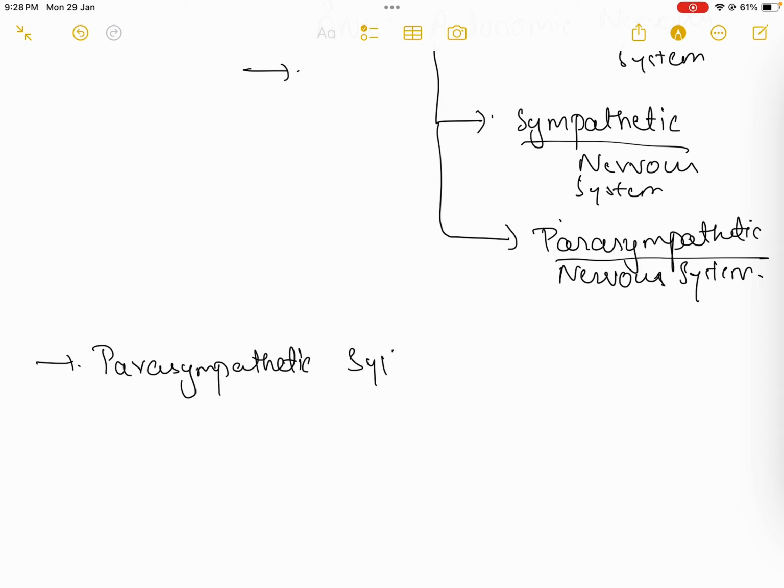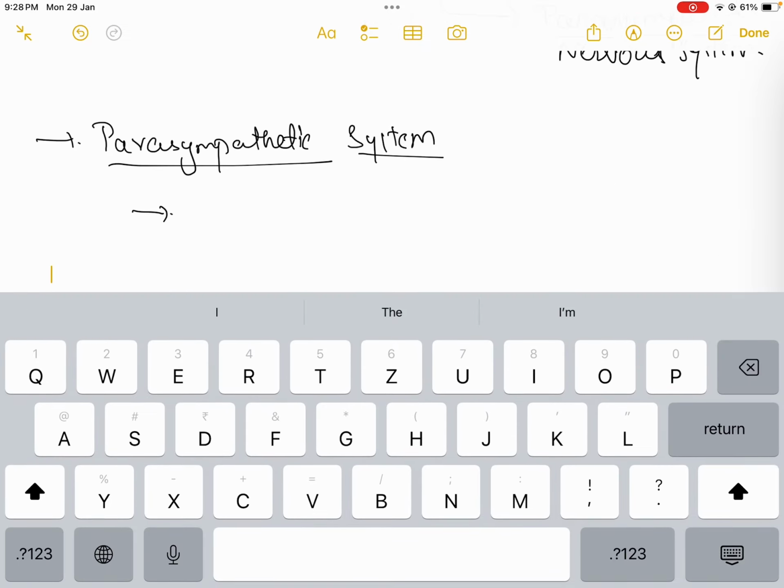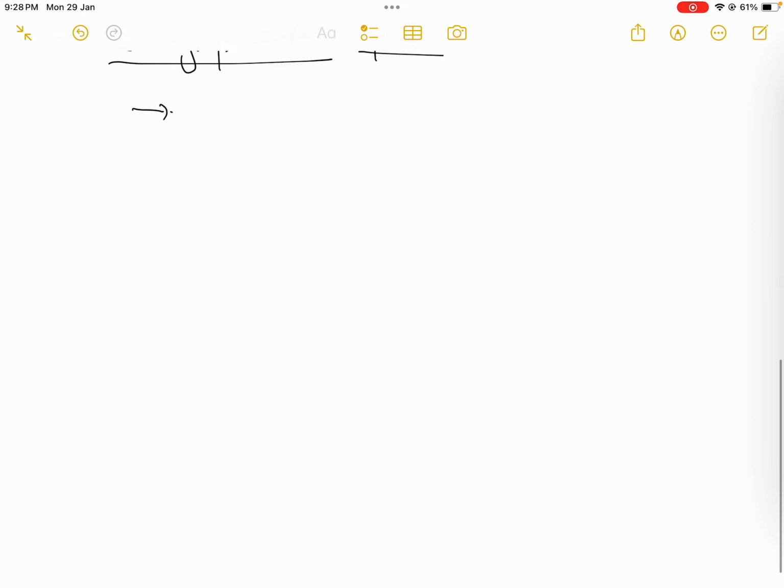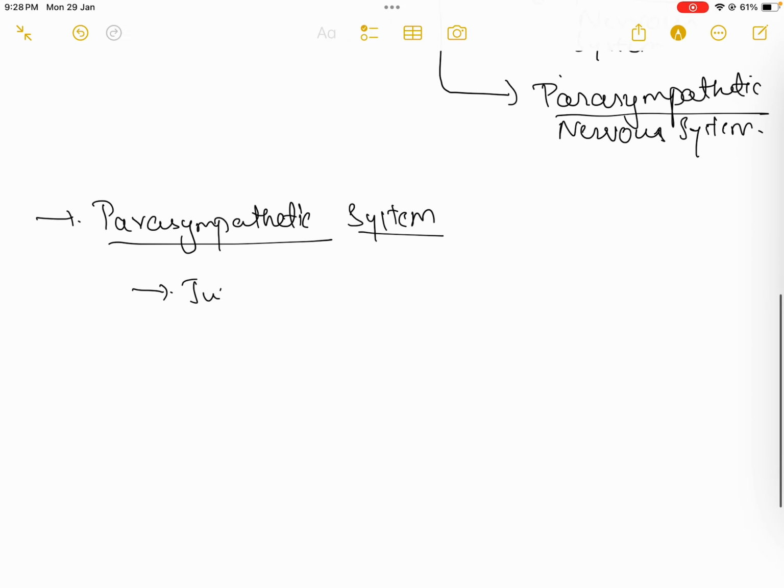In anatomical terms, as you know, between two neurons there is a junction, and you name that junction the ganglia. The junction between two neurons is called ganglia.